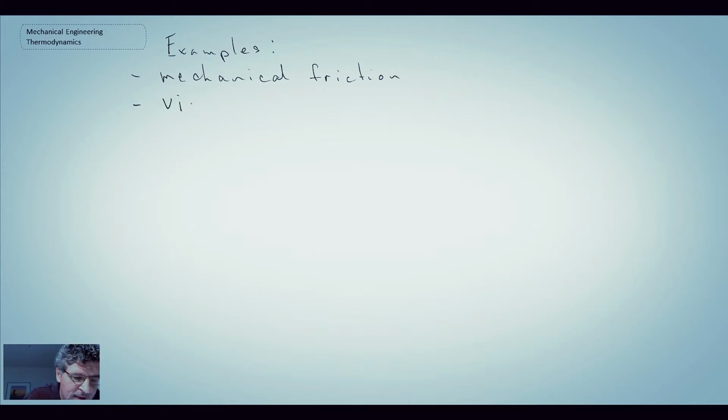Viscous dissipation is the process whereby shear, so velocity differentials within the fluid, are being converted through the viscosity and the friction in the fluid into thermal energy, and that's what viscous dissipation was quantifying. So viscous dissipation in fluid flow.